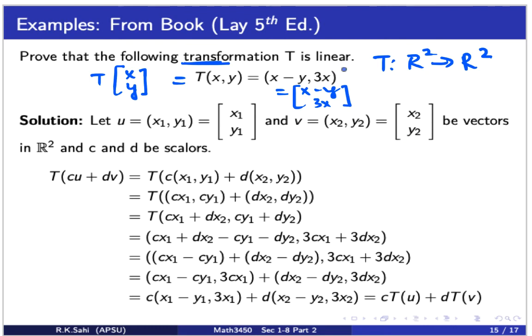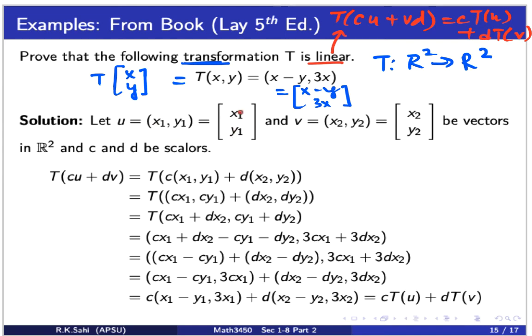So in other words, if anything is linear, what do we have to prove? We just have to prove this formula: T of c times u plus d times v is c times T of u plus d times T of v. Now remember, u and v are vectors in R2. So if I'm taking u as a vector x1, y1, I'm writing it, just to save space, guys, in row vector form.